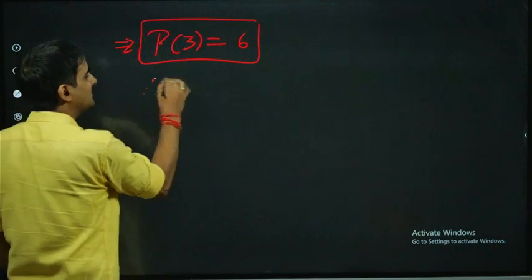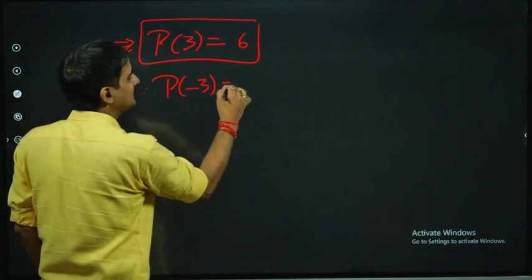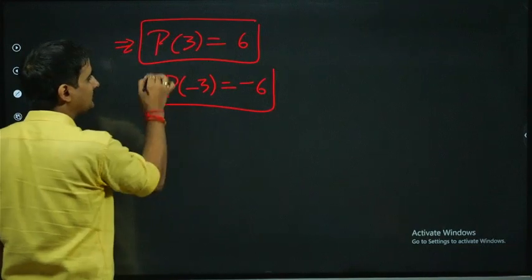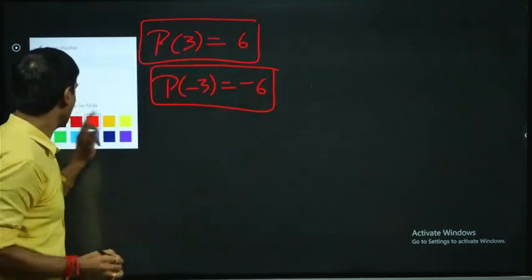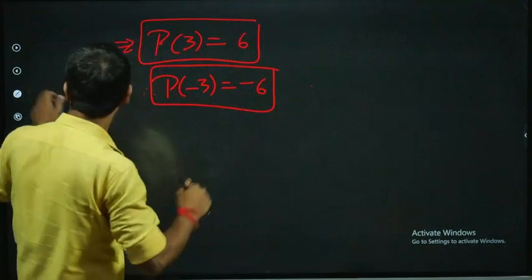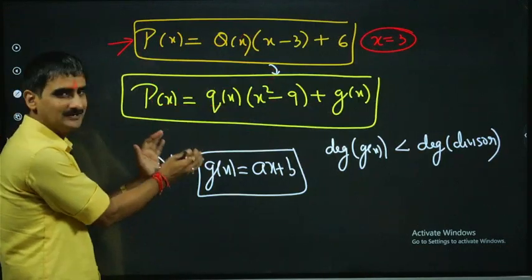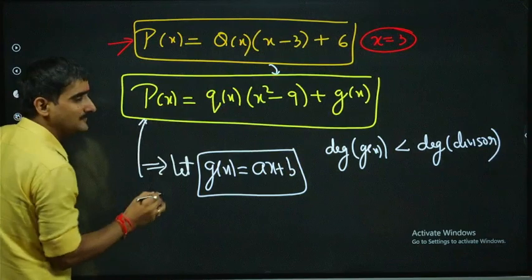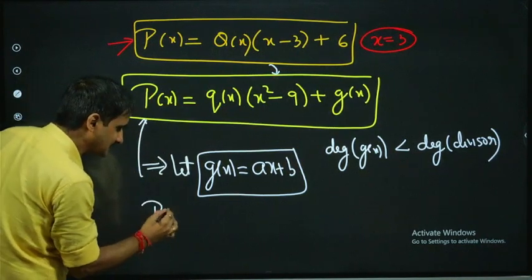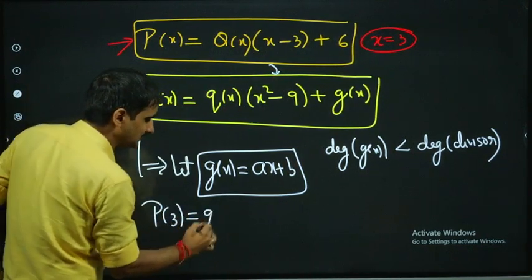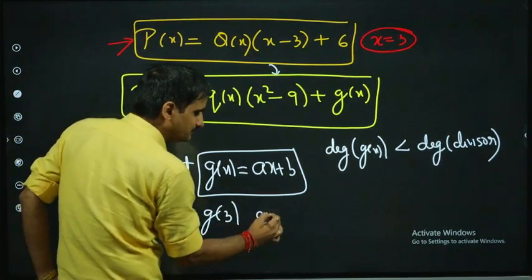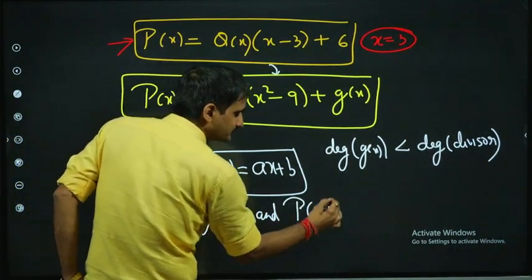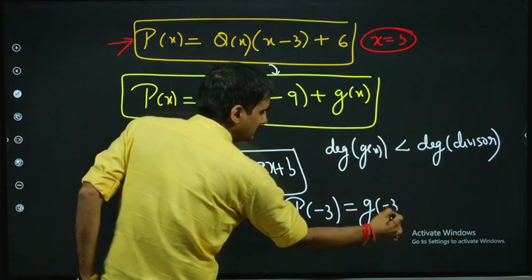Therefore p of minus 3 will be minus 6. All of you agree, bachcho? Now why am I doing it? Let's come back here. If I substitute x by 3, we get p of 3 is nothing but g of 3, and p of minus 3 is nothing but g of minus 3.